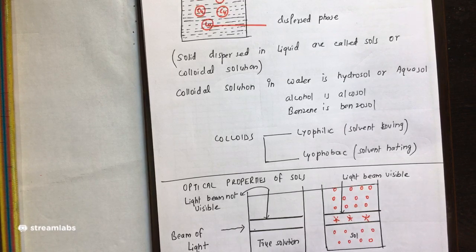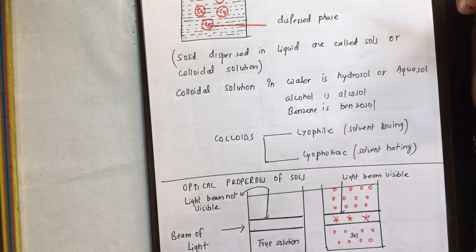If you talk about liquid in solid, that is called solid emulsion, also called gel, dear students. Butter and cheese come under the liquid dispersed in solid category.